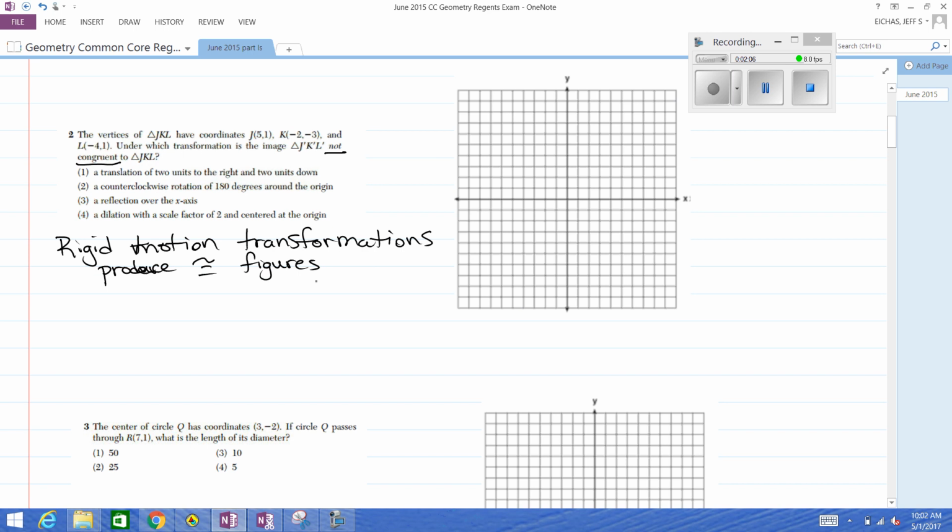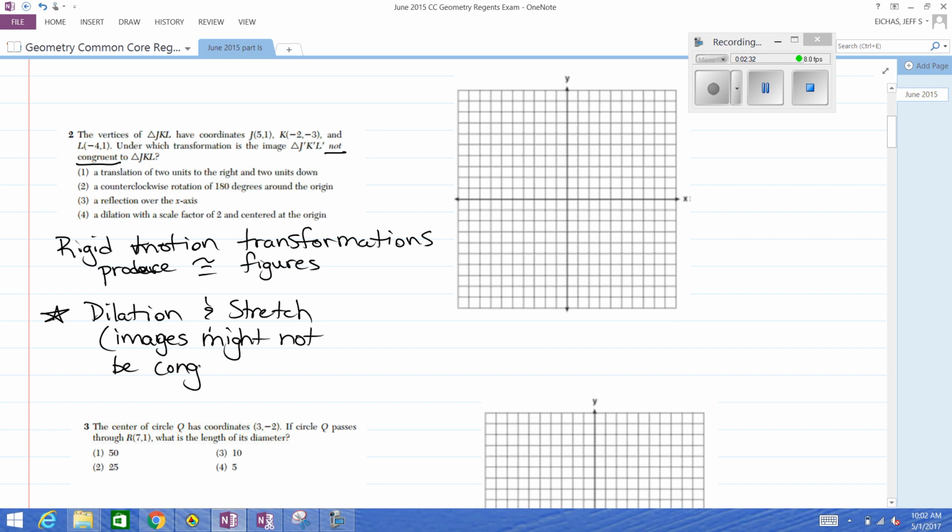Now, the ones that would not produce congruent figures, so that change the size, would be dilation and stretch. We don't study stretch a whole lot, but those would create images that may not be congruent to their pre-images, depending on the scale factor we choose and things like that.